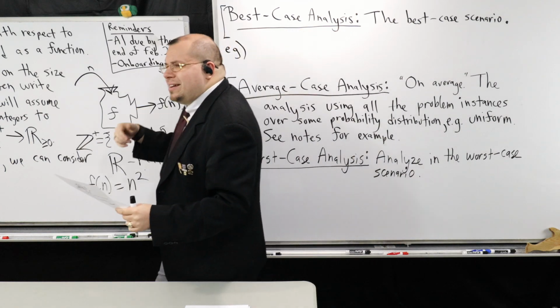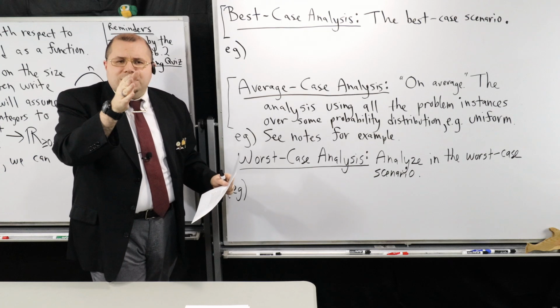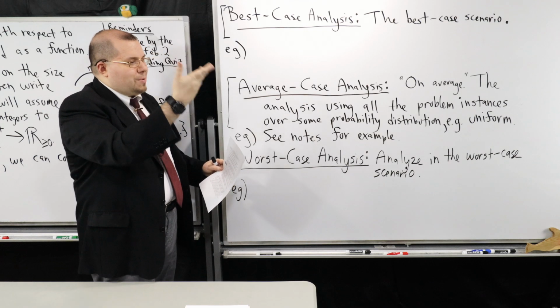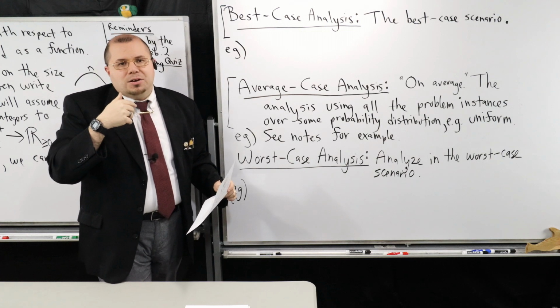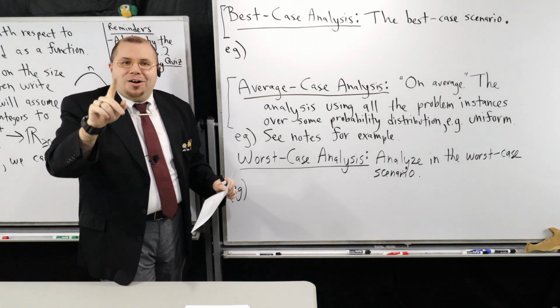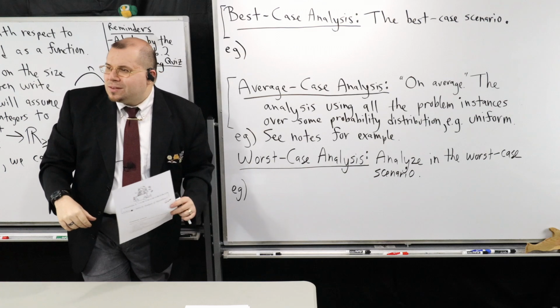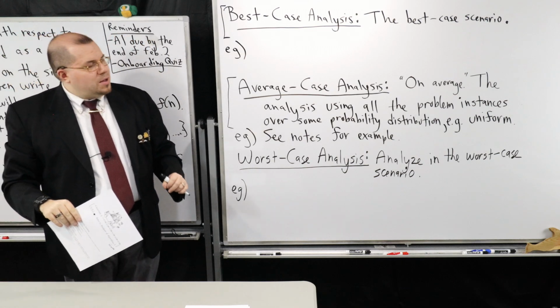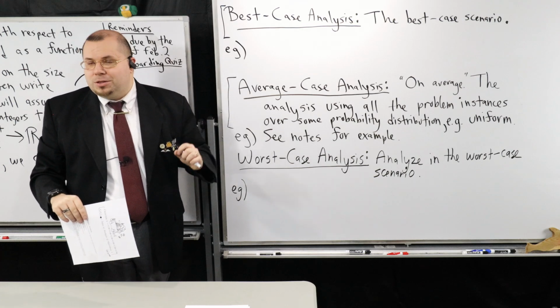Does anybody have any ideas of what would cause the least number of operations to happen if I give you an array and a key, and I want to find that key in the array? What would the input look like?